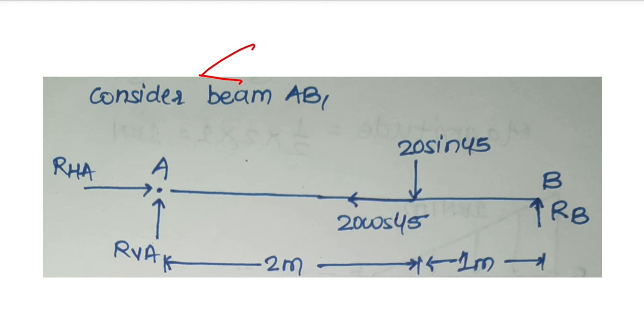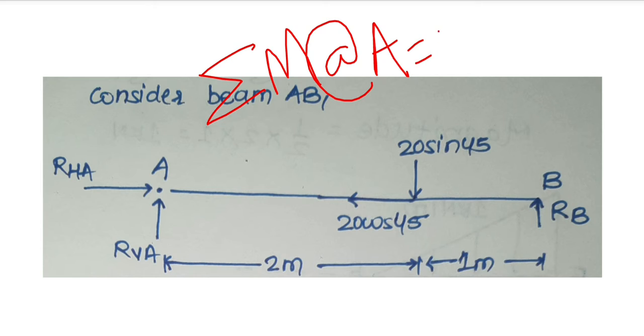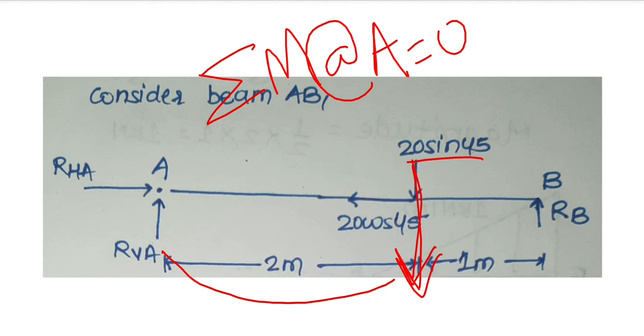Now we will use the equilibrium conditions. Summation of moments at point A is equal to 0. Using it, we have 20 sin 45 in the downward direction. When it moves towards point A, it acts in a clockwise manner, so it is positive.